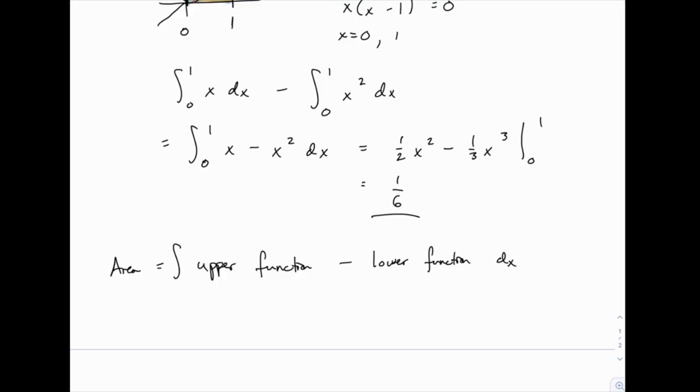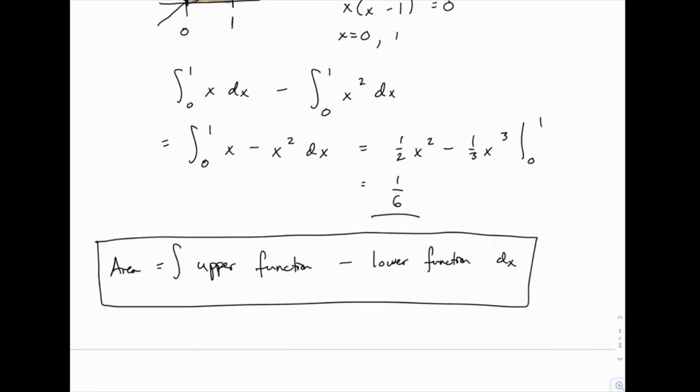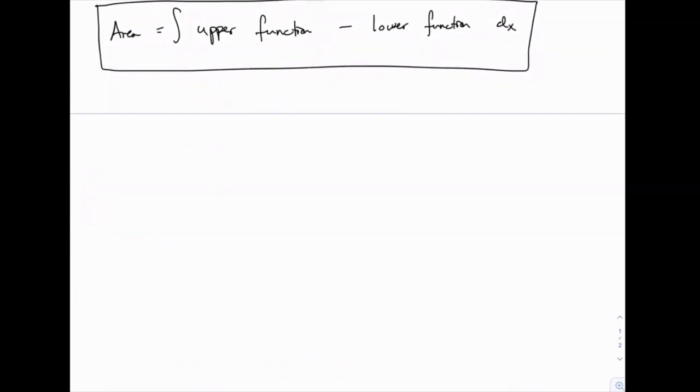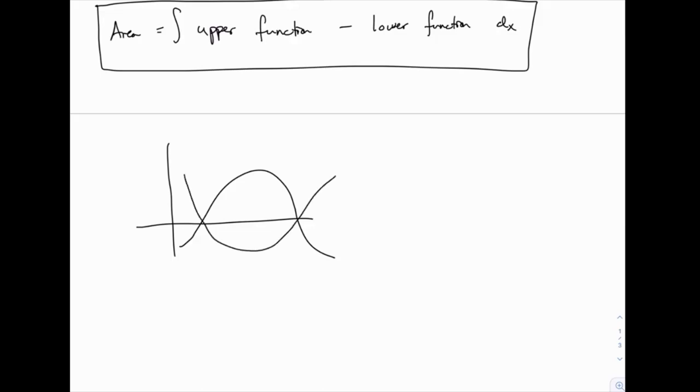And this formula, quote unquote, here really applies no matter where your functions are. It intuitively makes sense when both of them are above the x-axis, when they're both positive. But it turns out that even if we were to draw a different picture, where one of them is above and one of them is below. So let's say we have something like this, where we draw one function like this and another function like this.